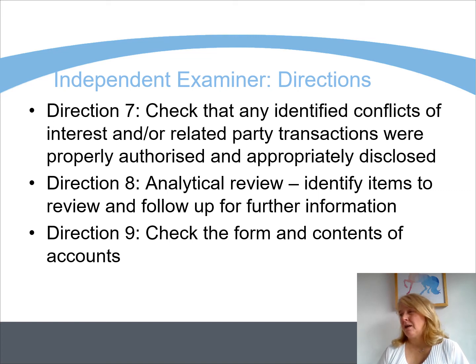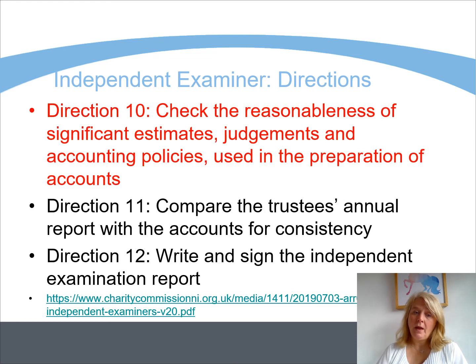So a simple check, making sure that all of your income, for example, adds up, all of your expenditure adds up. They don't need Direction 10 unless they're examining accruals accounts. So in your case, they will not need Direction 10. Direction 11, they should have a look at your trustee annual report and make sure it's consistent with the sort of things that you're spending money on.